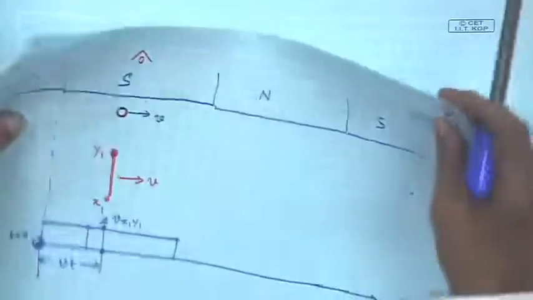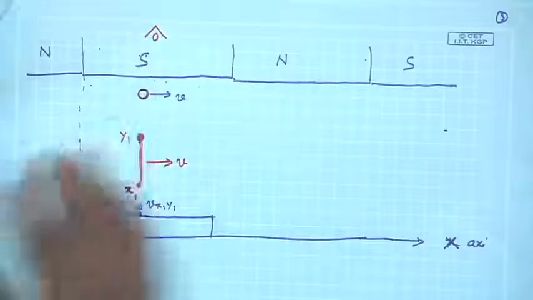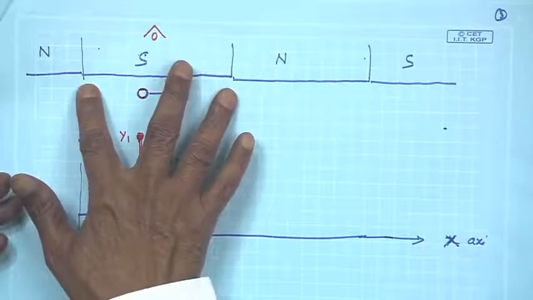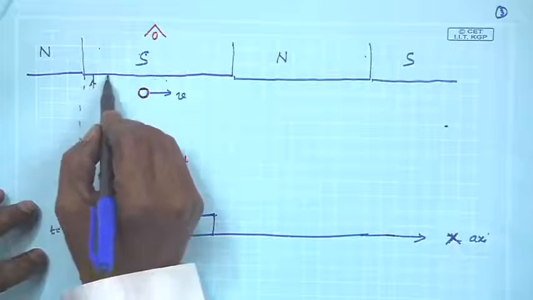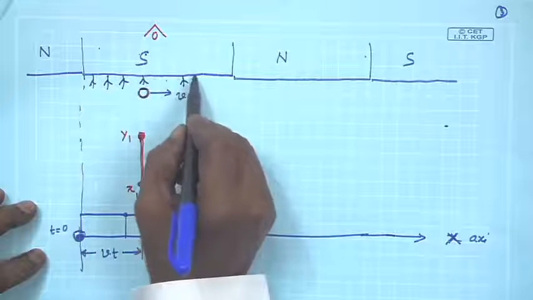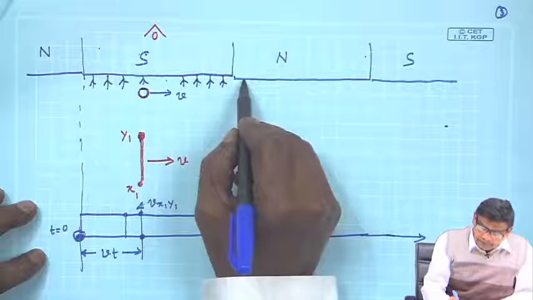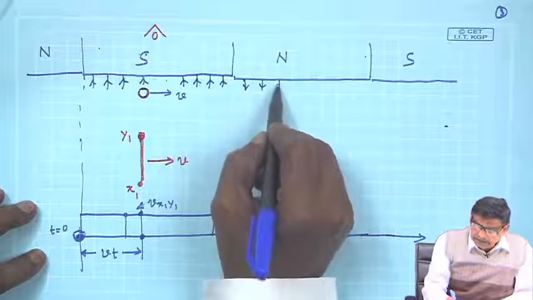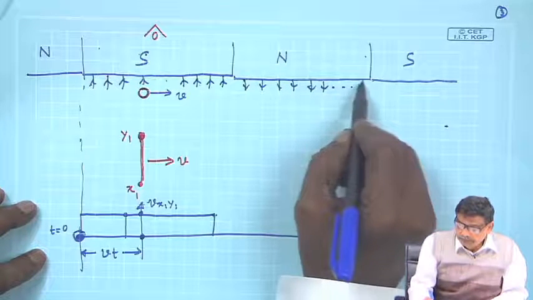Then I was telling you that suppose you have a certain portion of space, south pole, north pole, south pole, that means lines of force are going like this. Suppose this field is of constant value, and it is going like this, and so on.